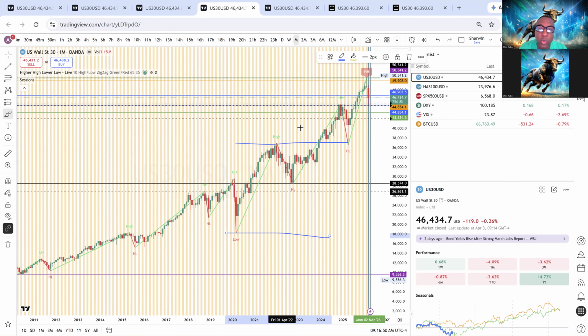Now, anything within this structure is considered consolidation. Okay, which means the price is bouncing between the last high and the last low. When the price breaks structure, okay, when it actually breaks the new structure, that means that the market is now trending.